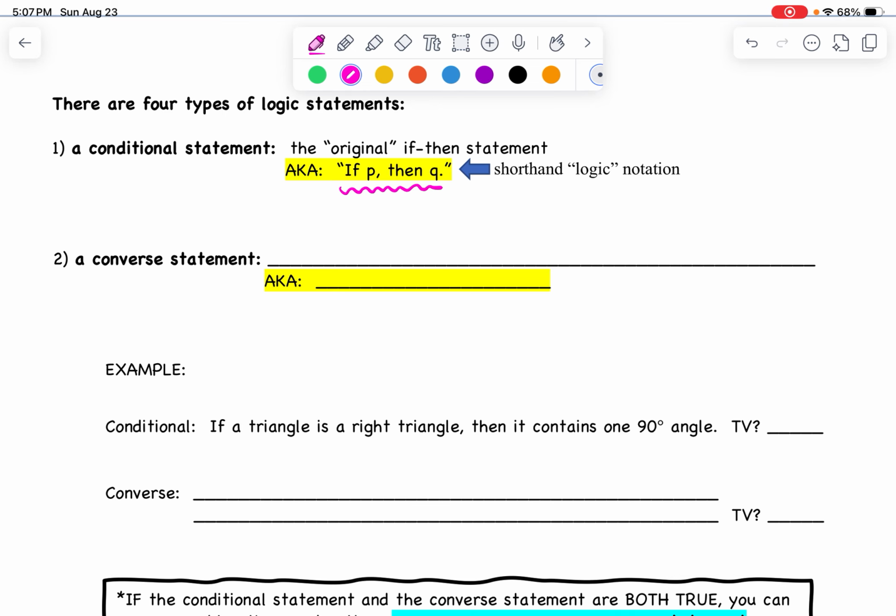Okay, so the next type of logic statement we can write is called a converse statement. Now, I know this is going to sound super cheesy, but a way that helps me remember what a converse statement is, I don't know about you, but the first thing I think of when I hear the word converse is shoes. And maybe when I think of shoes, I might think of flip-flops. I know that's a stretch, but just run with me here. So a converse statement is when you flip-flop the original hypothesis and conclusion.